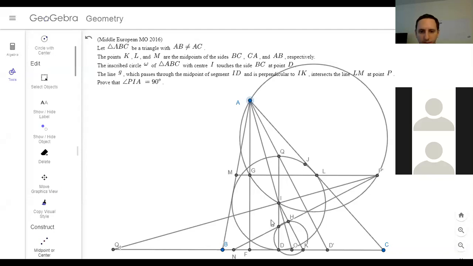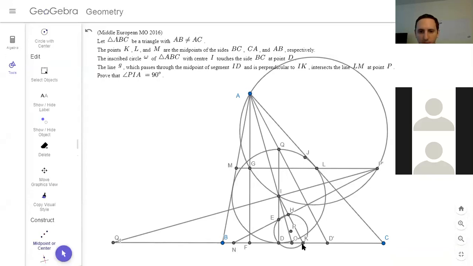Let's see. No. So it cuts this circle in half, but it doesn't cut this circle in half. All right.